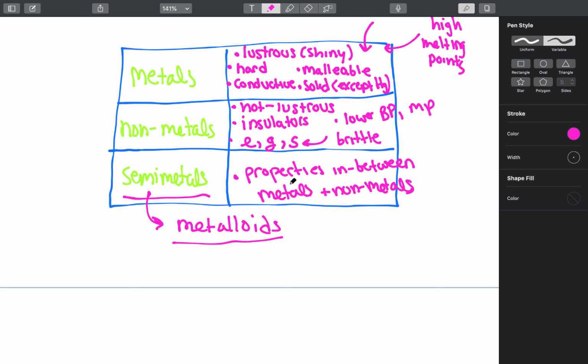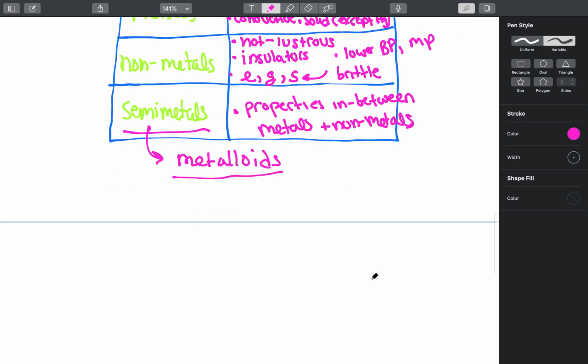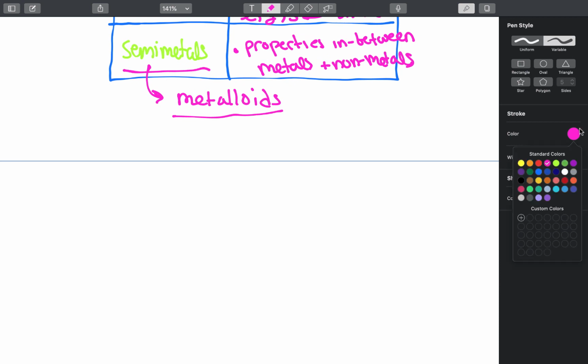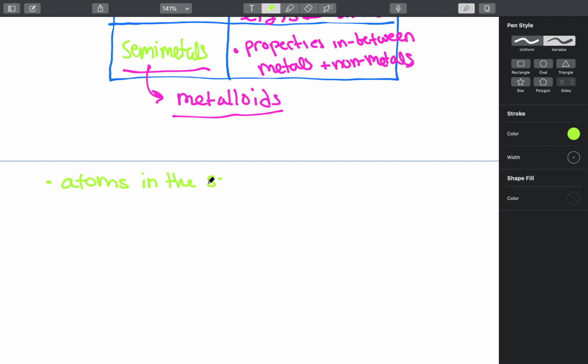So those are the major properties that you should know about for right now. And there's one more tiny thing that you need to know, and that is that atoms in the same group have similar reactivities.